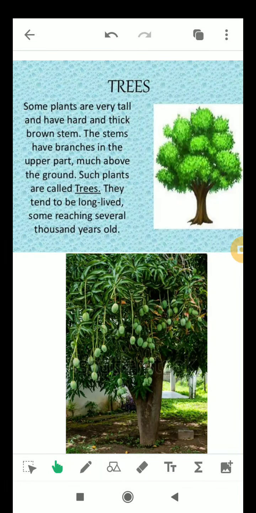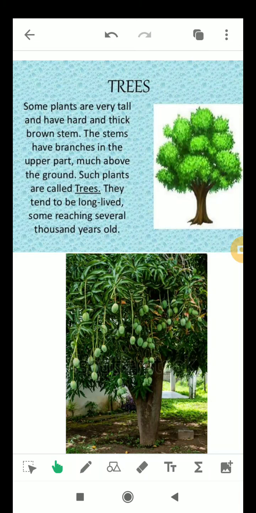Next is trees. Some trees are very tall and have hard and thick stems. The stems have branches in the upper part, much above the ground. Such plants are called trees. They tend to be long-lived, some reaching several thousand years old. Trees are tall, many meters.